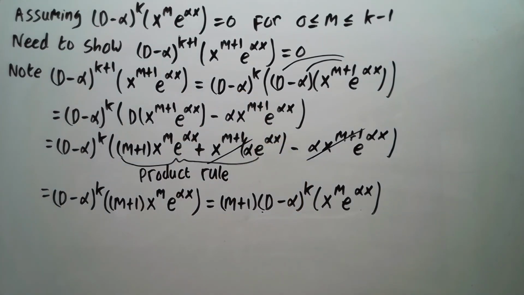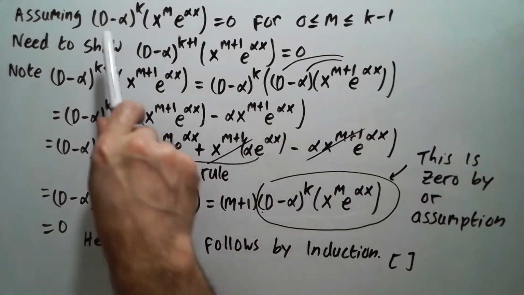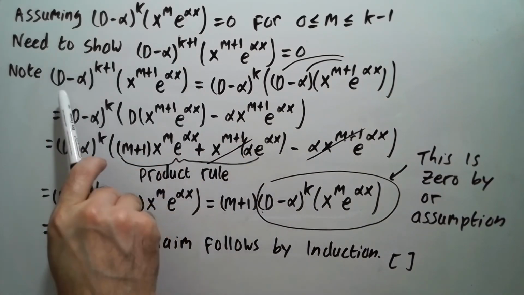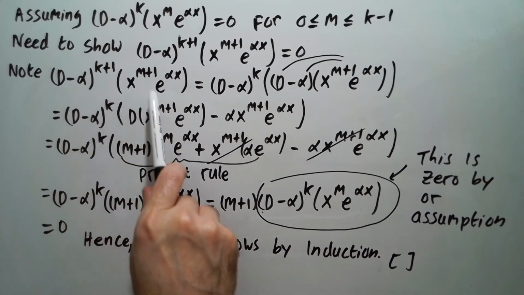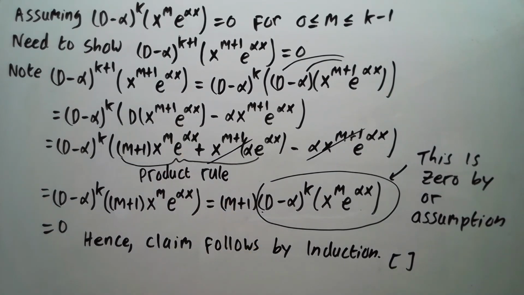So therefore, 0 times m plus 1 would just be 0. So we've shown what we need to show. We've shown that d minus alpha to the k plus 1 of x to the m plus 1 e to the alpha x is 0. So hence, the claim follows by induction. So we're done. All right, so let's leave it there.